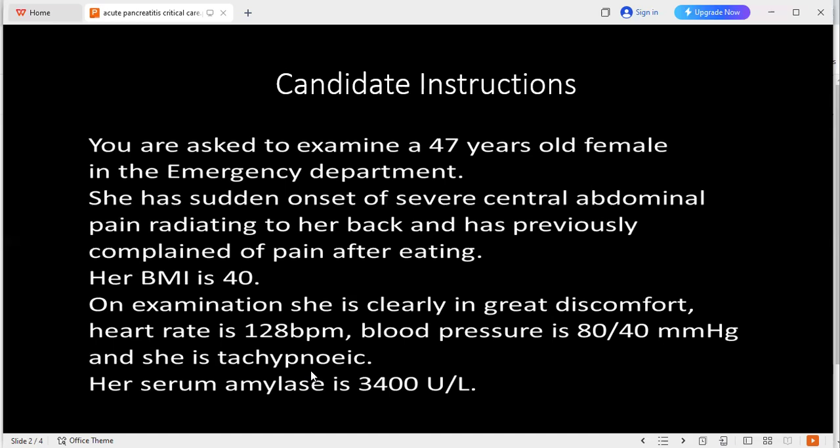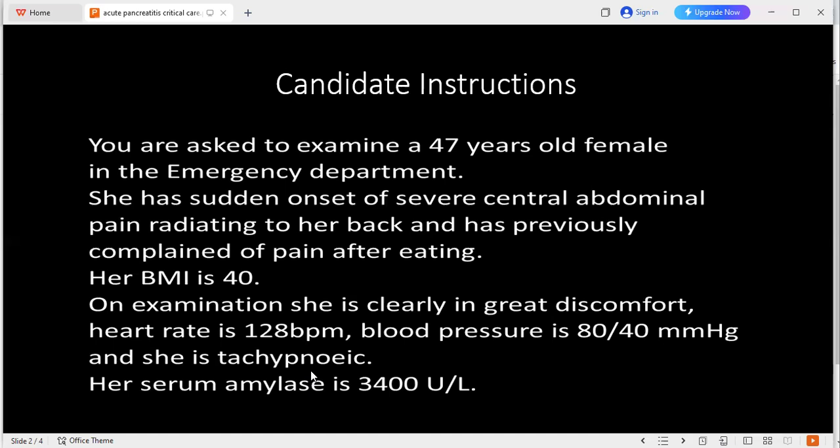Second step, weak opioids like codeine or tramadol. Third step, strong opioids like morphine.